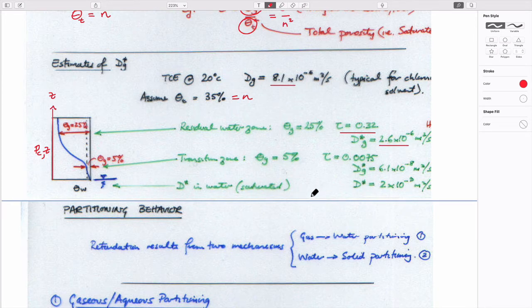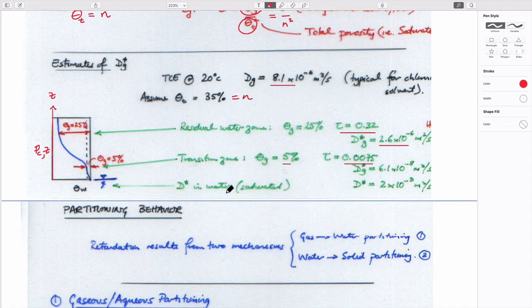If you go down to the case where you have only 5% and you do the same calculation, then this number then is a much smaller number, and it reduces this by 2 orders of magnitude, 10 to the minus 8. And ultimately, when you're in water, it would actually take on the diffusion characteristic. It wouldn't be 0, of course. If you use this tortuosity, you could imagine that this would actually go to 0, right?